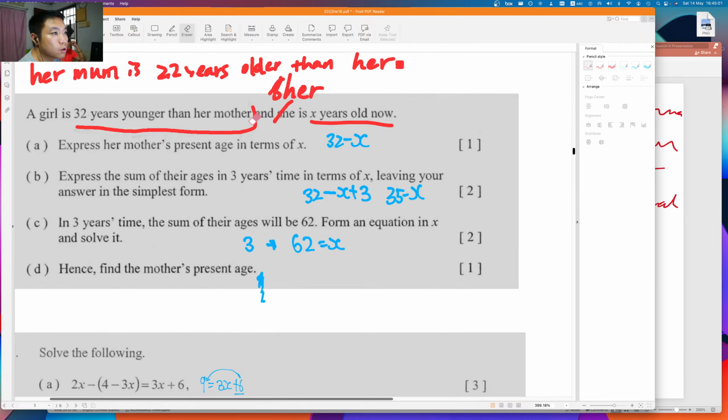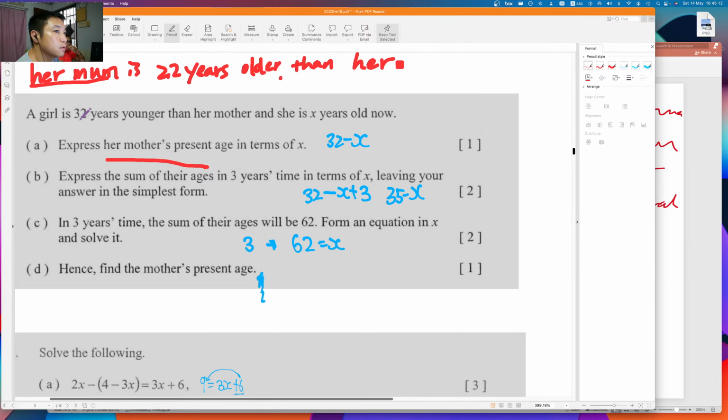The question wants to know what? The mother's age, right? So her mother is, is means what? Mathematics. Equal. 32 years older. Older means? Older than her.